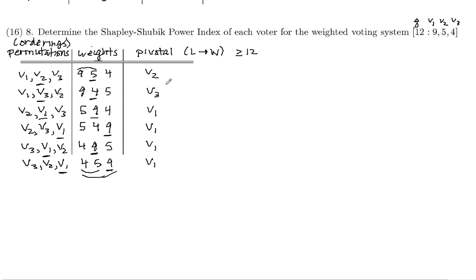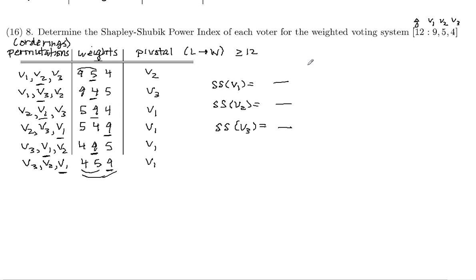Okay, so then the Shapley-Shubik power index, the symbol is SS, and then we do it for voter 1, and we do Shapley-Shubik for voter 2, and then we do Shapley-Shubik for voter 3. And all the bottoms of these fractions are going to be the same.